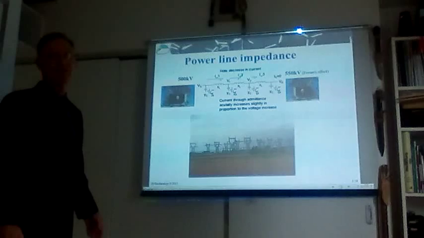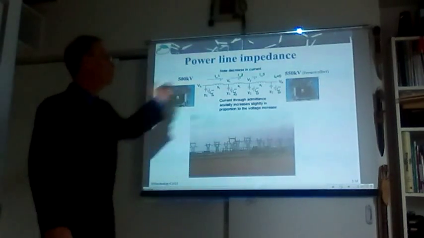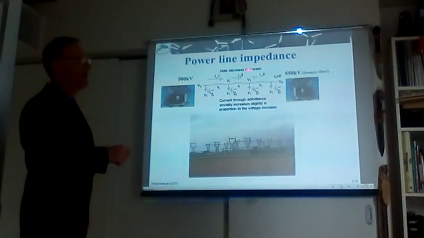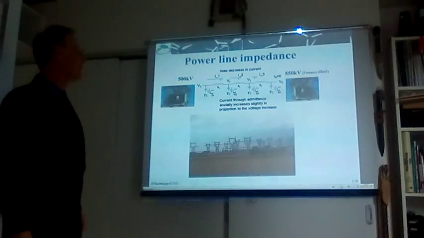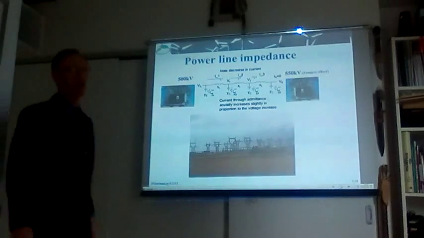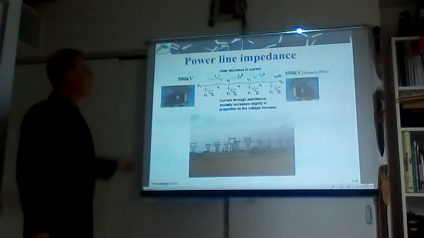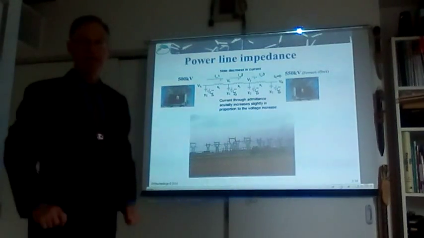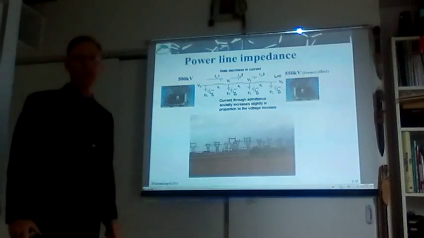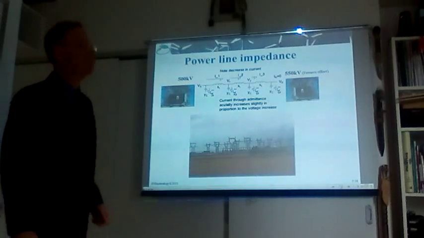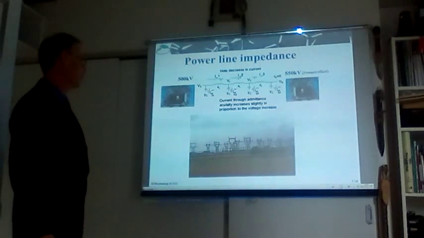A transmission line is not just three simple wires going from A to B, but a full and complete electrical system that includes capacitance to ground, capacitance to the poles, inductance for each and every stretch of the line, and simple resistance due to the distance of the transmission line.